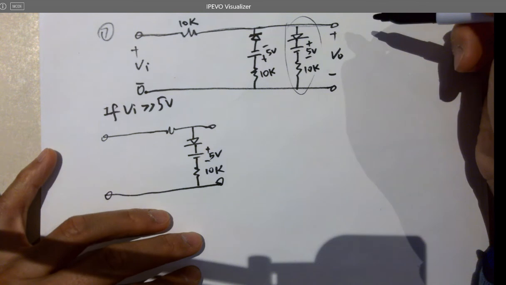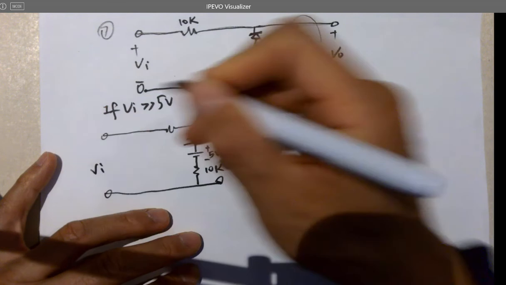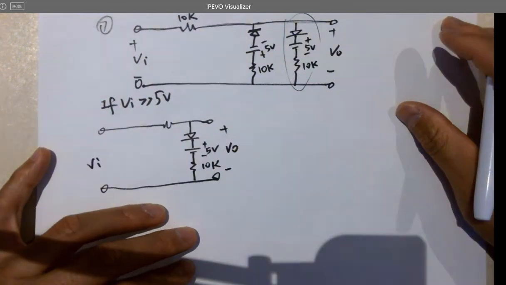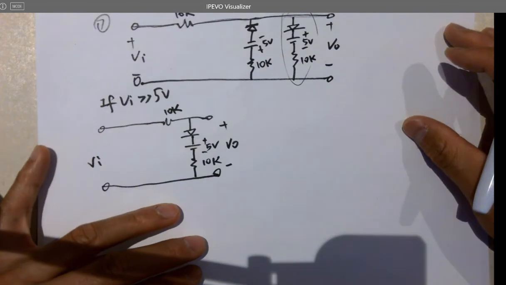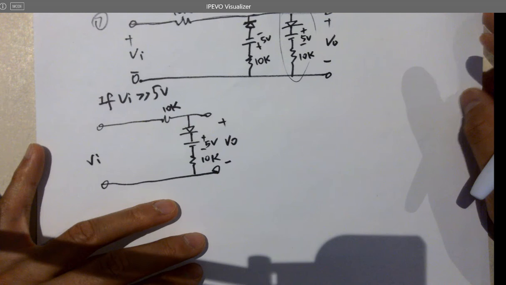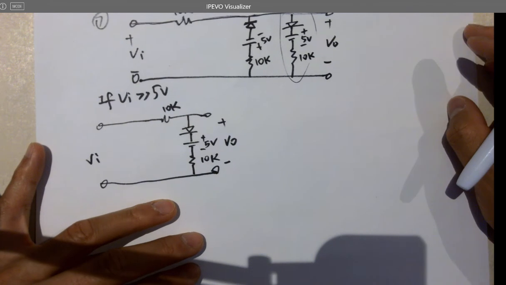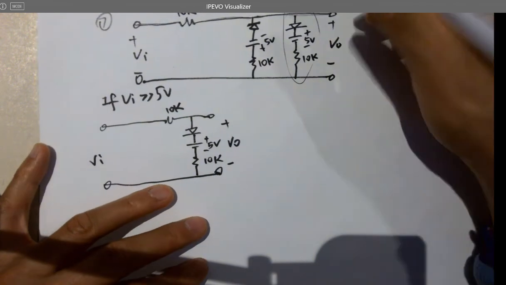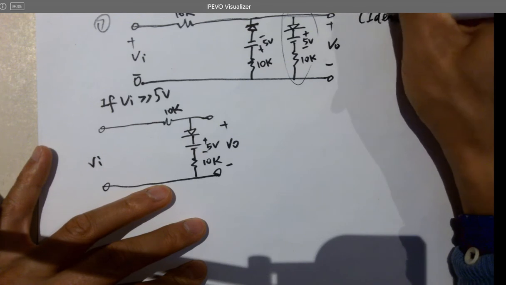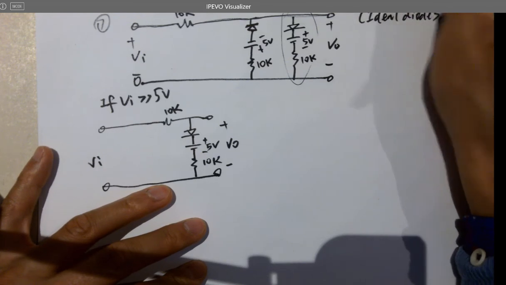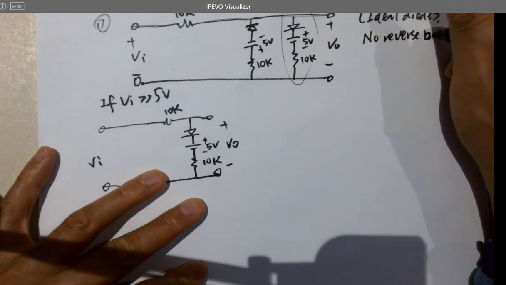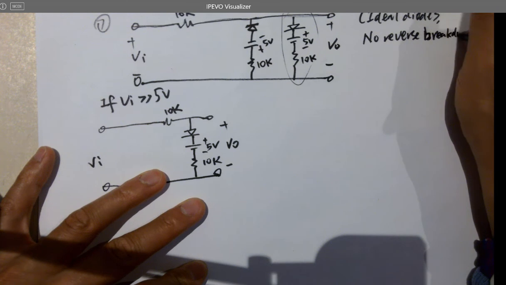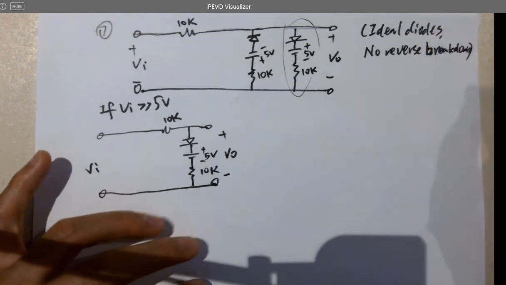So what is VO? 10K. So how to do the calculation? Ideal diodes, no reverse breakdown, to make your life easier.